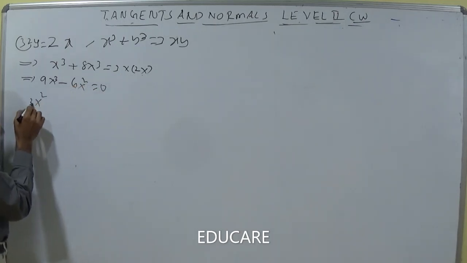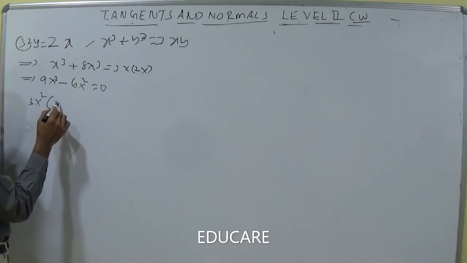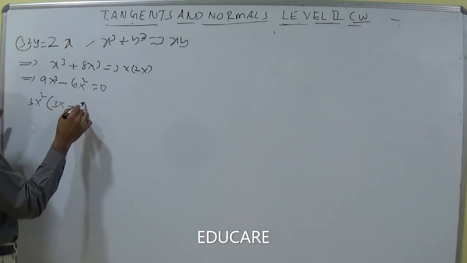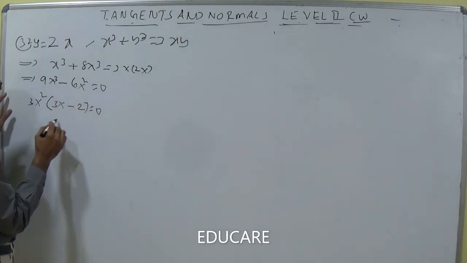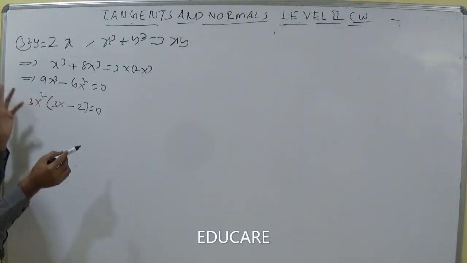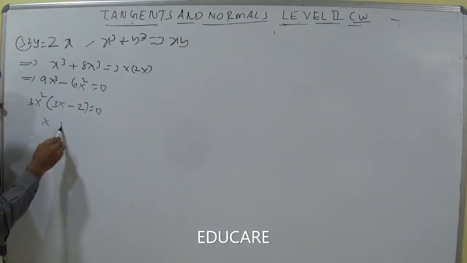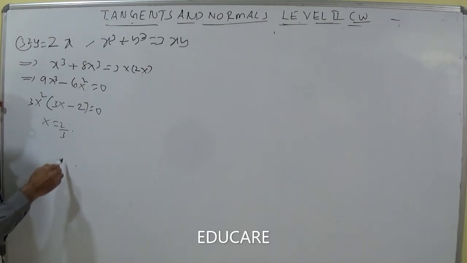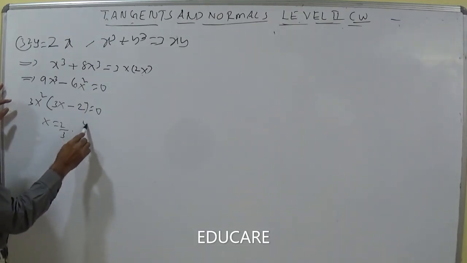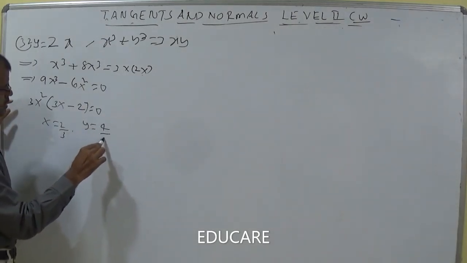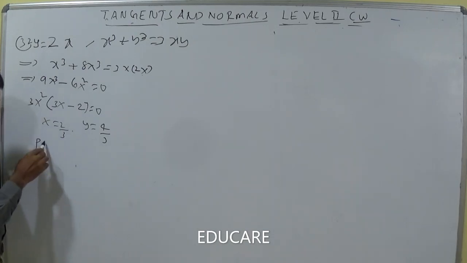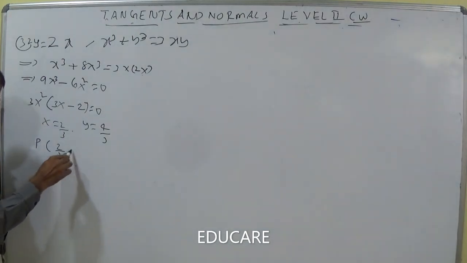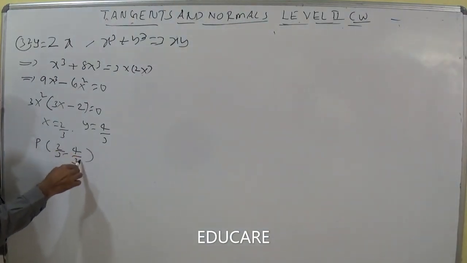Taking 3x square common, you can write 3x minus 2 equal to 0. X is equal to 0 is the origin, which you should not consider. Then x is equal to 2 by 3. Whenever x is equal to 2 by 3, y becomes 4 by 3. Therefore, the point is (2/3, 4/3).